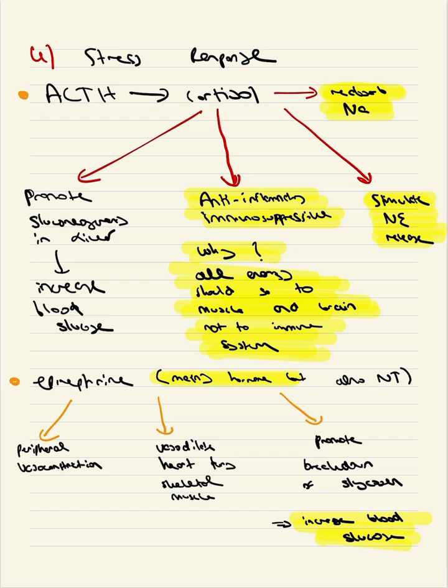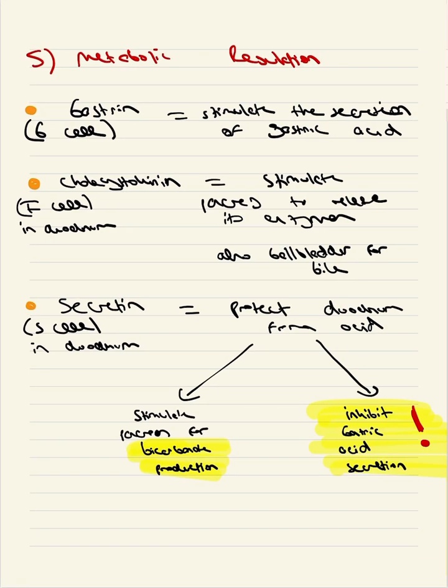It will promote breakdown of glycogen, so you want to increase your blood glucose. So the whole idea about stress response is increasing blood glucose, increasing the blood that is going to your muscles and your heart and your air that's going to your lungs, all that stuff, okay? Norepinephrine also causes bronchodilation, so it's the same idea, okay?